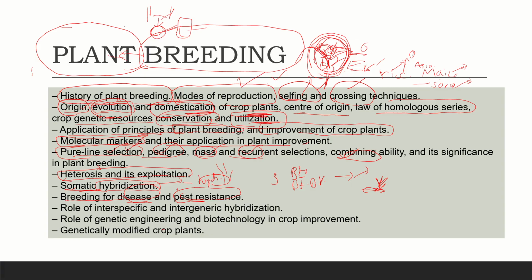But now what they have bred is spikes over the stem, so it is difficult for the stem borer to suck the liquid content from that stem. So these are the types of varieties that they have provided.